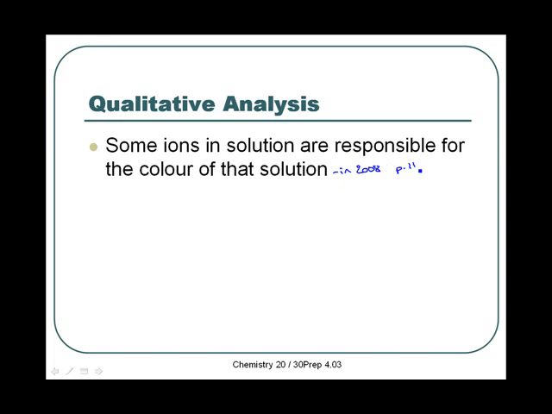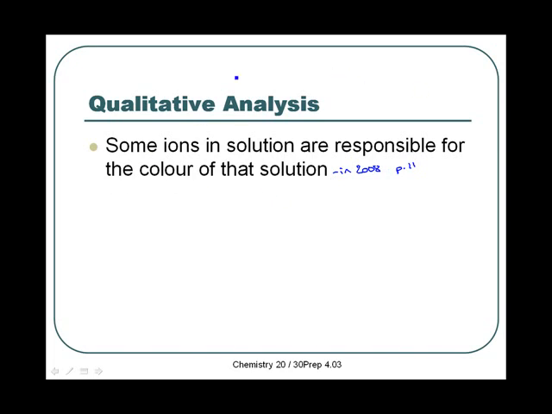They give you the ion name, and then there are two columns. The middle column is what color the solution will be when it's in high concentration, and the right column tells you the color when that ion's in low concentration.